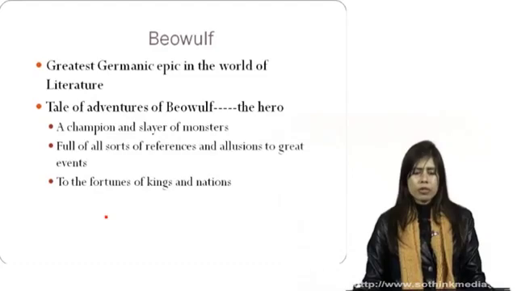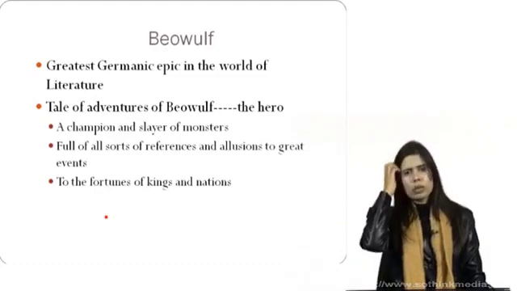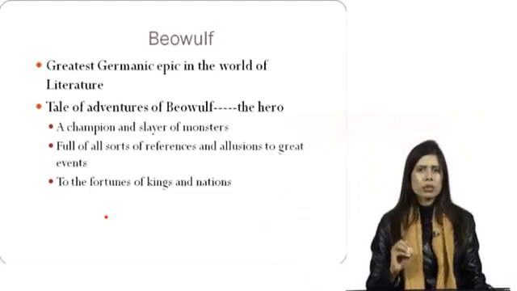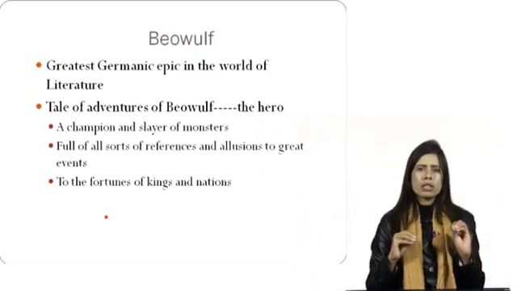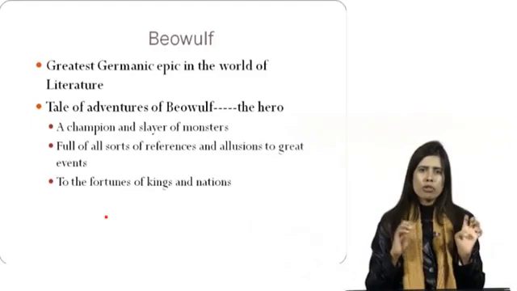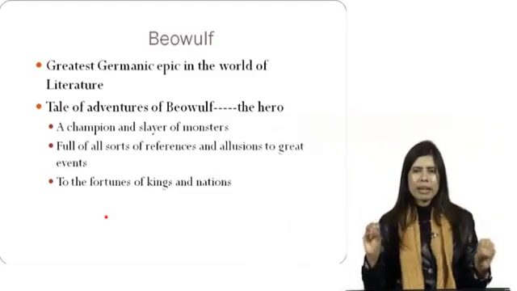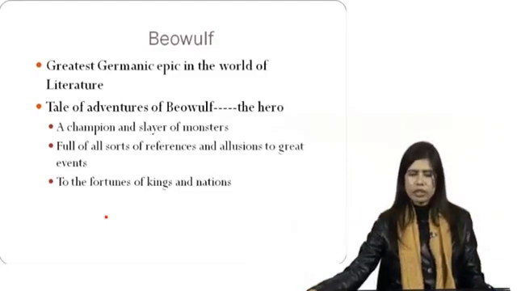And it is relevant to the fortunes of kings and nations as well. That is why this poem is very important, because it deals with the fortunes of kings and nations. It deals with the very traditional theme of the rise and fall of different nations, and the rise and fall of kings.